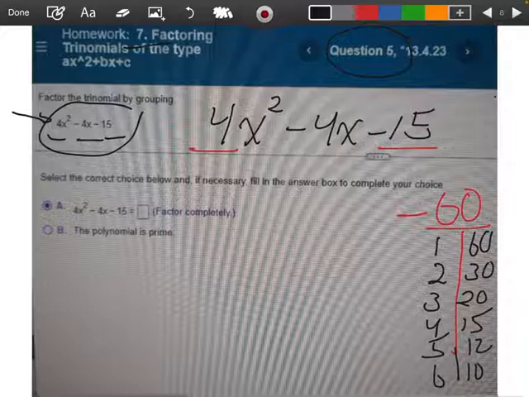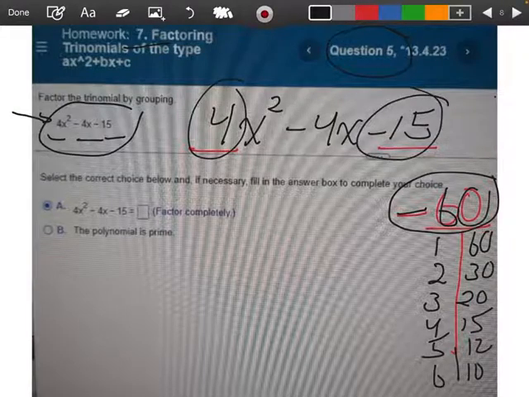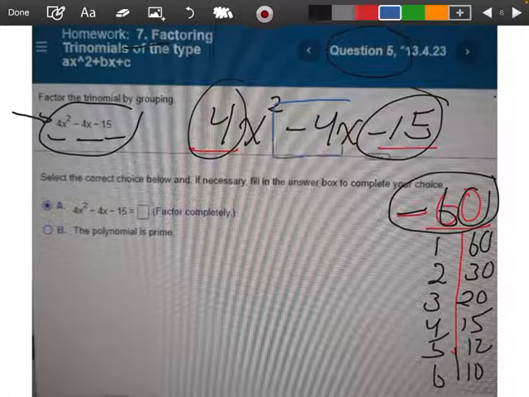Now, if you notice, when I multiply those numbers, y'all, I'm only getting 60, and I need to really get a negative 60, right? Because we multiplied the first number and the last number. So what that means is I'm going to have to make one of these numbers positive and one negative. So let me show you the way you can do that. We're going to look at the sign of the middle number, which is negative.